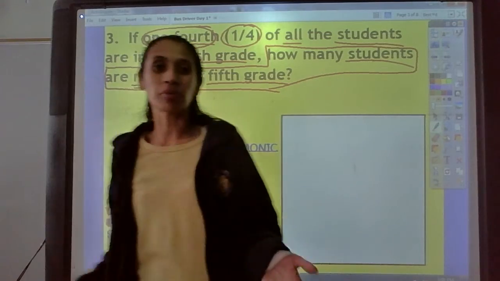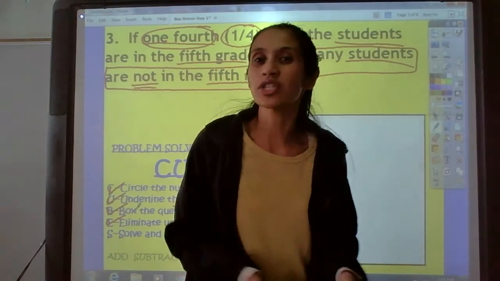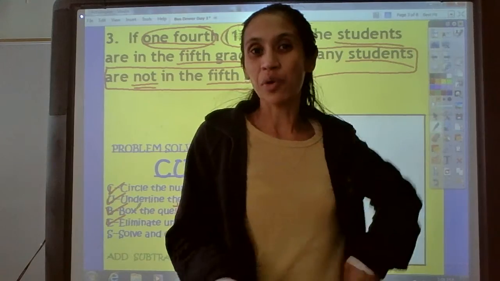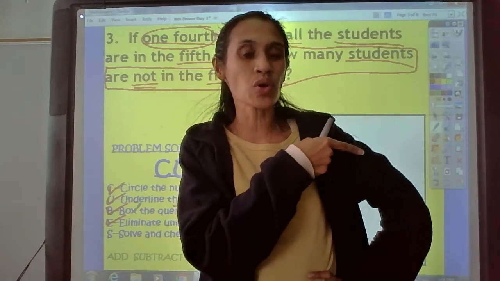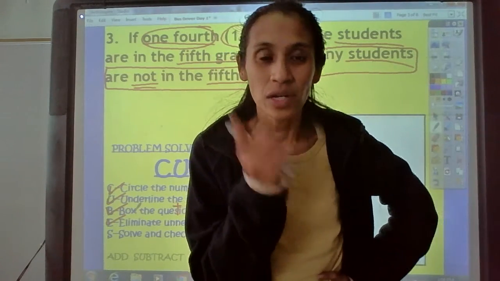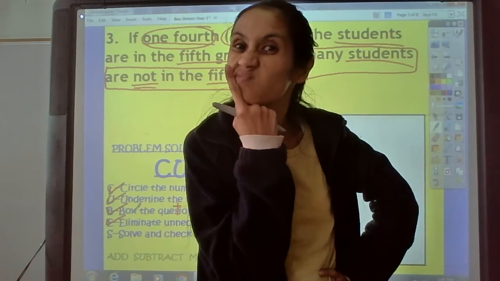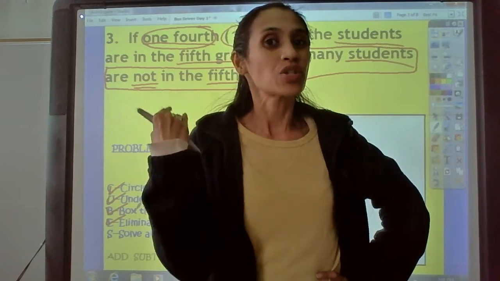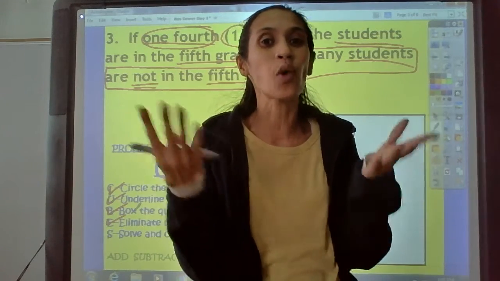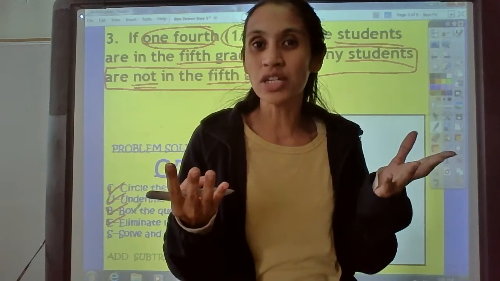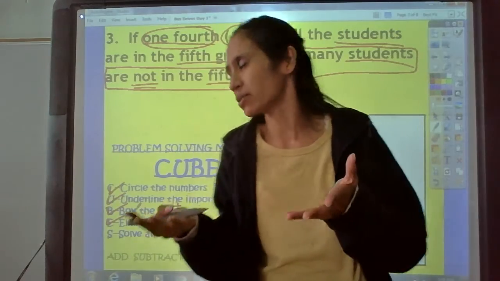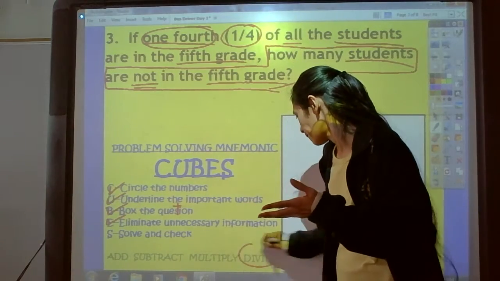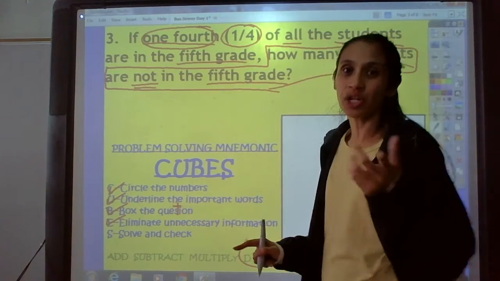Now, in this problem, are we adding, subtracting, multiplying, or dividing? Now, remember from question number 2, when we had to do half, do you remember what operation we did? When you take half of something, we divide it. So in this one, if we're doing 1/4 of something, we need to divide. All right, so let's divide. What are we dividing?